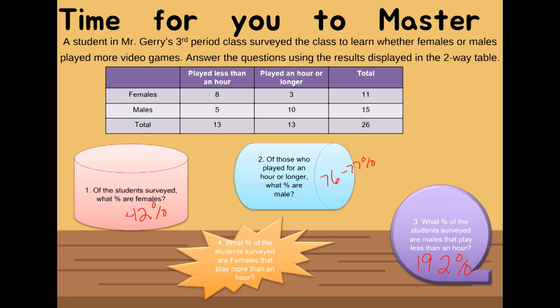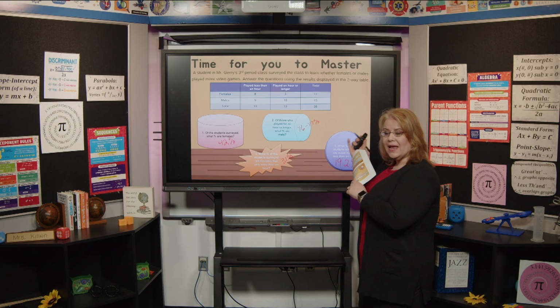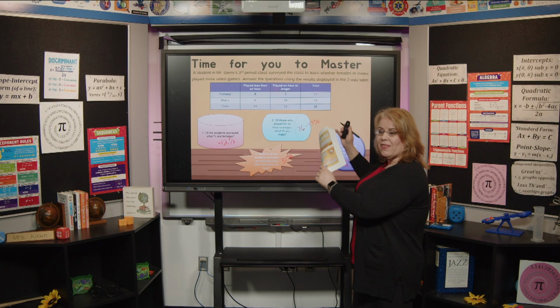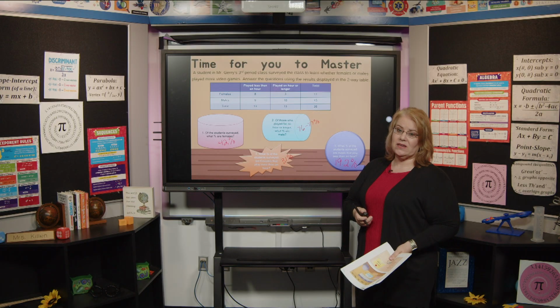So females that play more than an hour, we're going to turn that into a %, and we're looking at 31%. So we're having to make sure that we're understanding how to read from the side and then go up, or go up and then go back to the side, depending on what categories we're having to use.